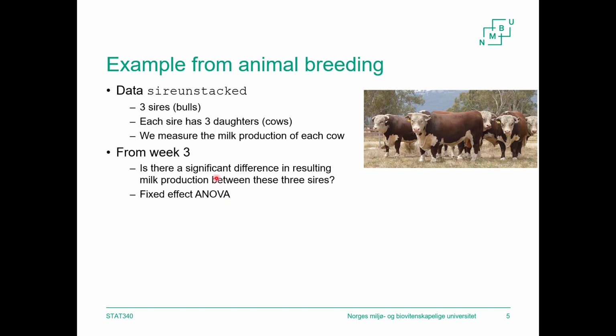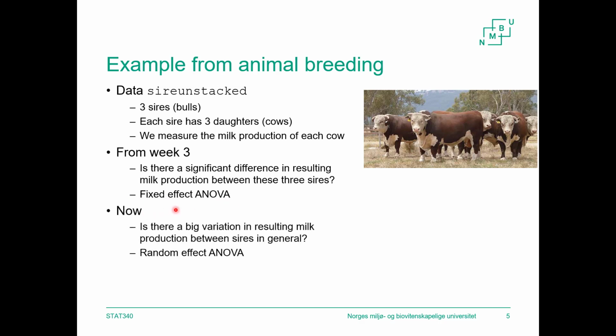But notice in this question, between these 3 sires. So what we are now focused on is comparing these particular 3 sires. And we say nothing about all the other sires that are out there in the world. We only focus on these 3, and we want to compare these 3 to each other. Then we run a fixed effect ANOVA typically.